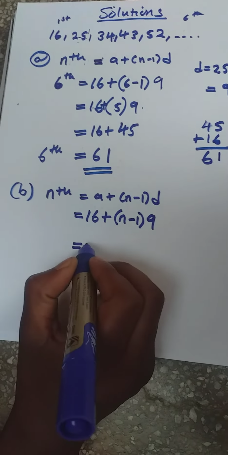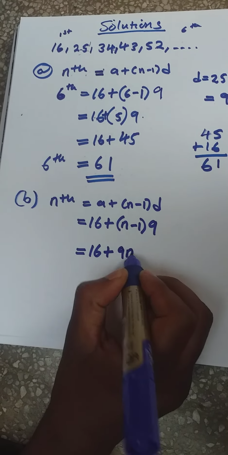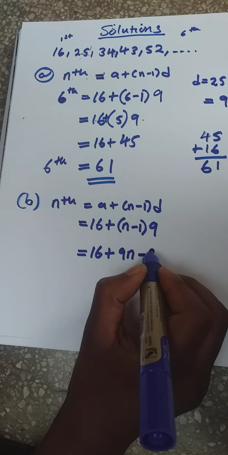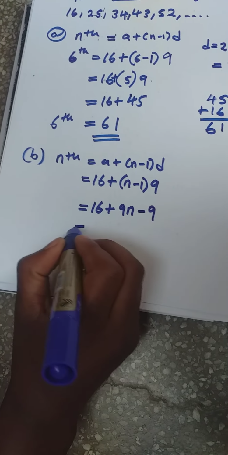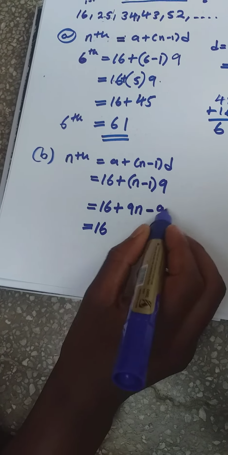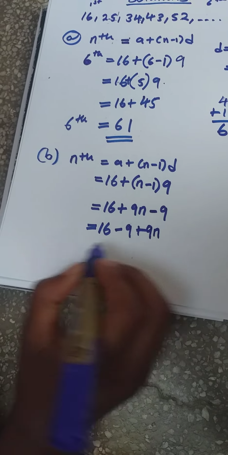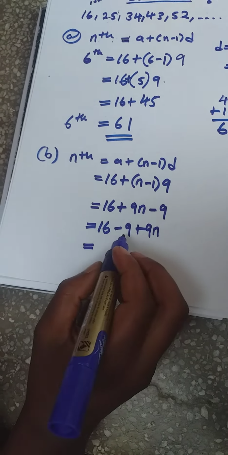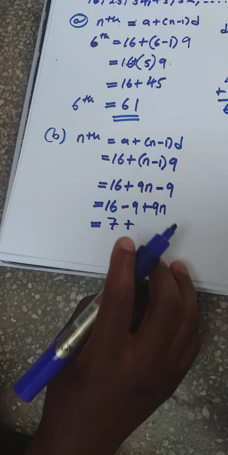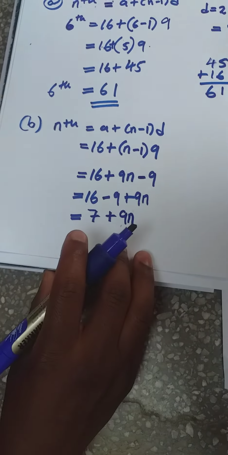So when we do our calculations here, it will be 16 plus, when you multiply here you get 9n, and then when you multiply here you get negative 9. And then from there we can group the like terms together. It's 16 minus 9 plus the 9n. So when you subtract 16 minus 9, you get 7 plus 9n.